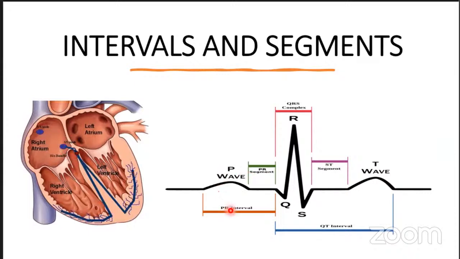And we said the PR interval represents the time taken for electrical activity to move between the atria and into the ventricle. There are times you would notice that the PR interval may be prolonged. And if we see a prolonged PR interval on the NCLEX, you want to start suspecting that your patient might have a heart block.